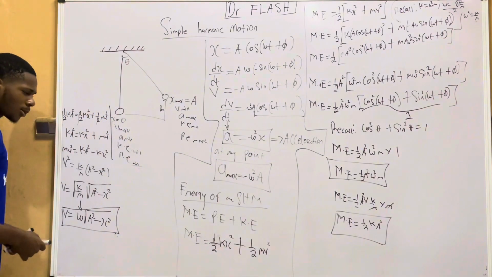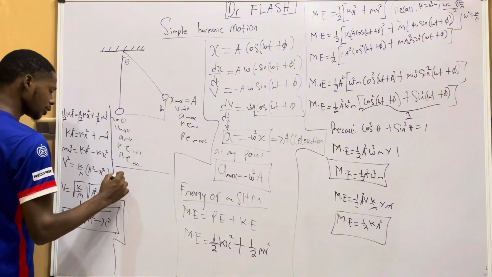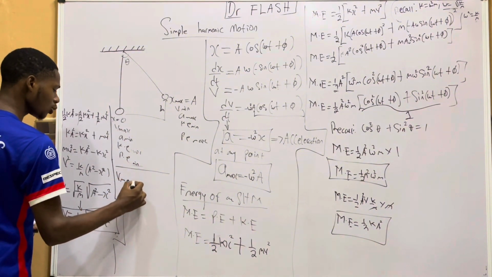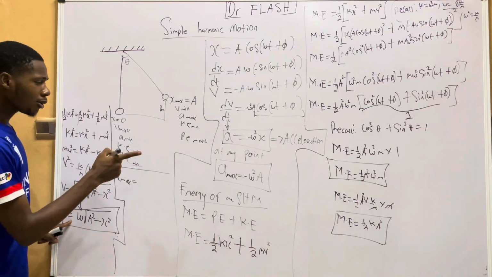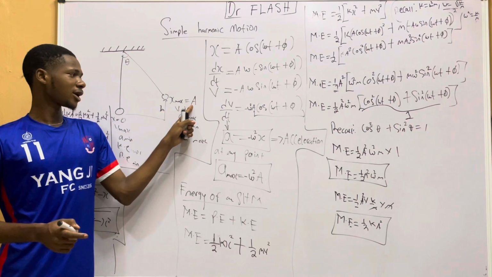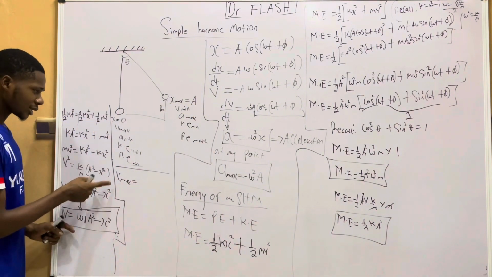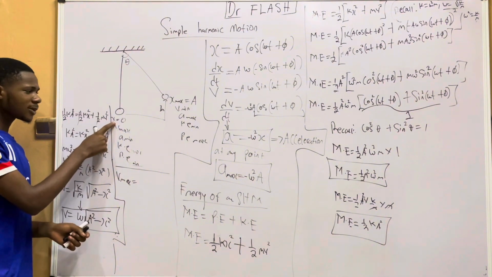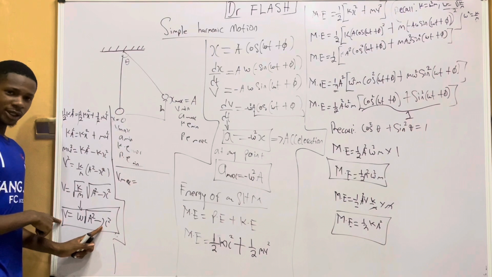Now, how about the maximum velocity? To get it is quite easy. I'm going to come here and write v max. Unlike acceleration, which is maximum at the extreme, where displacement is maximum, which is the amplitude, velocity is maximum where displacement is 0. So if displacement is 0 here, we can substitute it to get the maximum velocity.